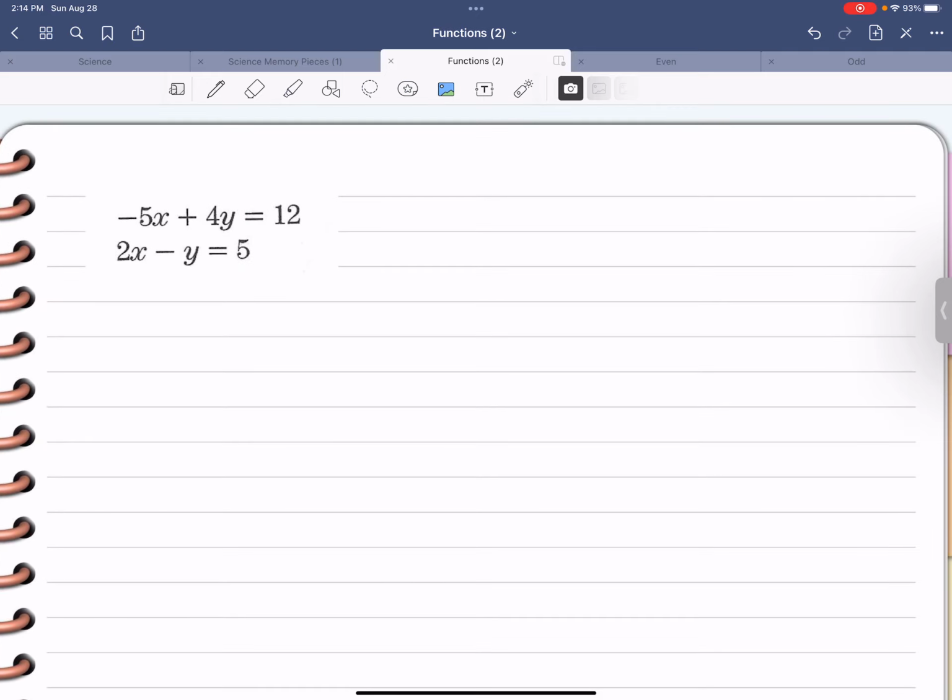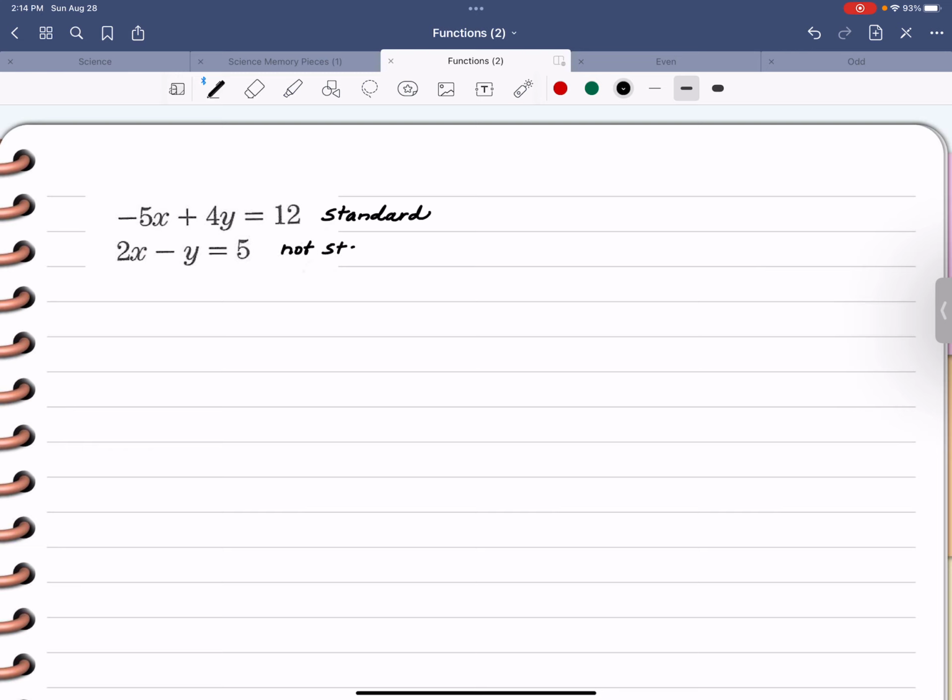So in this particular case, we have negative 5x plus 4y is 12. Those are not small numbers, and it's certainly not solved for a variable. It's in standard form, and I'm going to write that down there for you. This is standard form. This is not standard.